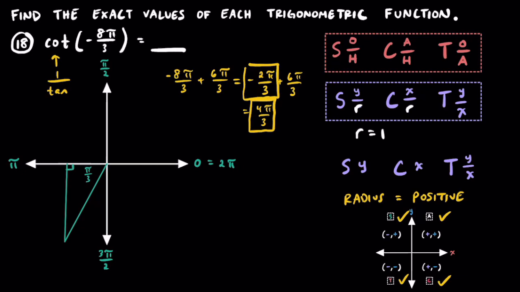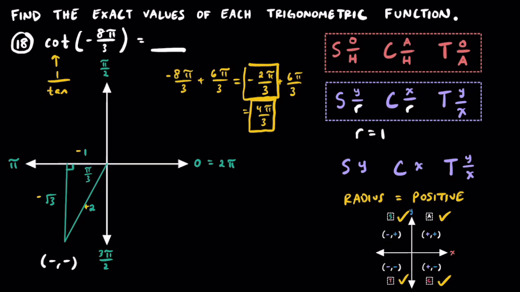So 180 degrees is pi, so pi over 3 is 60. So we have 1 to root 3 to 2, that's our ratio. We're in quadrant 3, so we have what, a negative and a negative. And so we're definitely going to have a negative x, a negative y. Radius is always positive. So this one's a lot of work. We just have to go through each of these pieces.